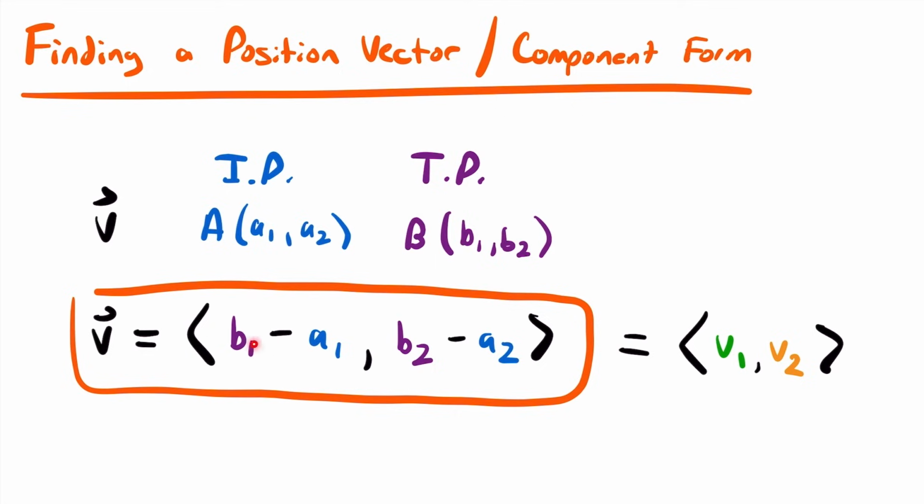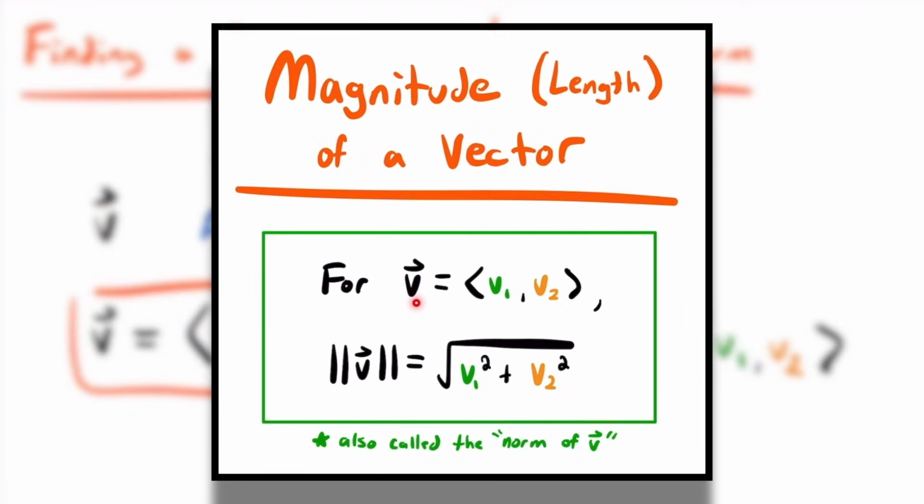All right, and so since those differences just become v1 and v2, we can find the magnitude of a position vector, or a vector in component form, by just taking the square root of the sum of our components squared. And that looks like this. For a position vector v with components v1 and v2, the magnitude of that vector is just equal to the square root of v1 squared plus v2 squared.